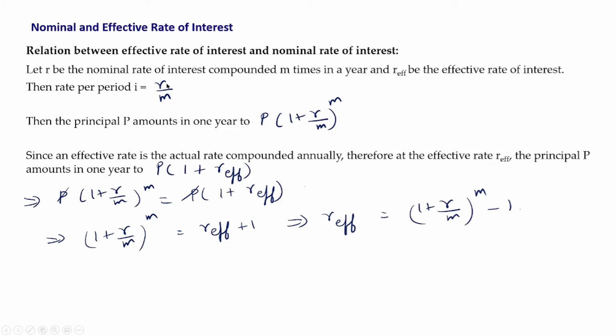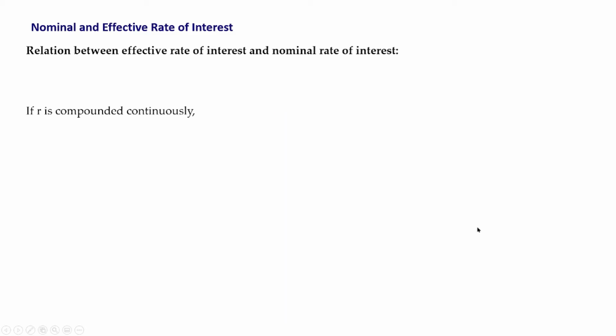So if the nominal interest rate is compounded m times in a year, the effective rate of interest is given by (1 + R/m)^m minus 1. And now we will see what happens if the nominal interest rate is compounded continuously.